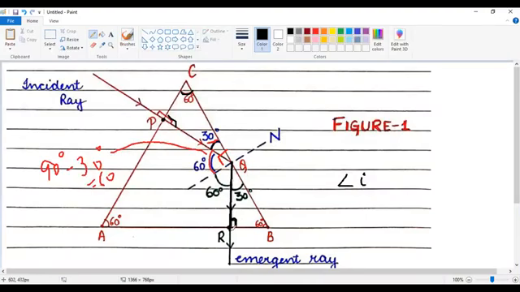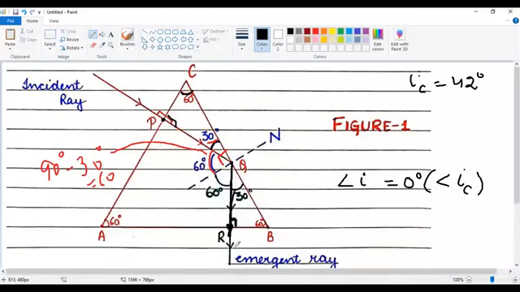The light is normally incident, so the angle of incidence is 0 degree, which is less than the critical angle, since the critical angle is 42 degree for glass. So at point R, both the conditions of TIR are not satisfied.